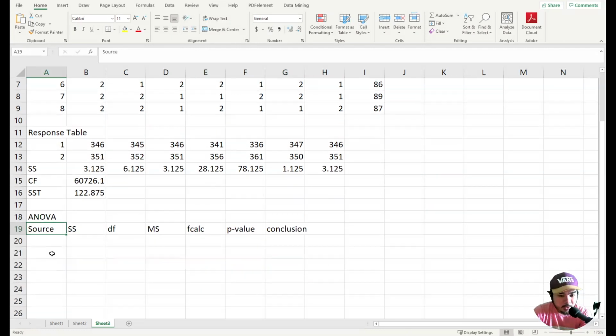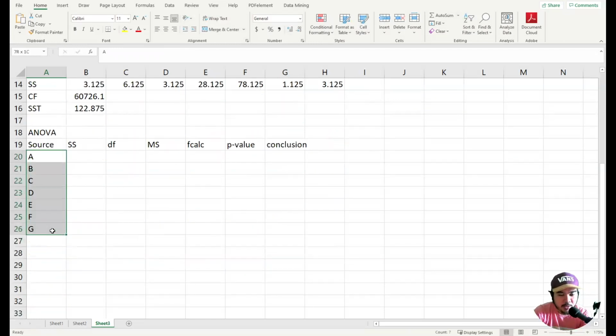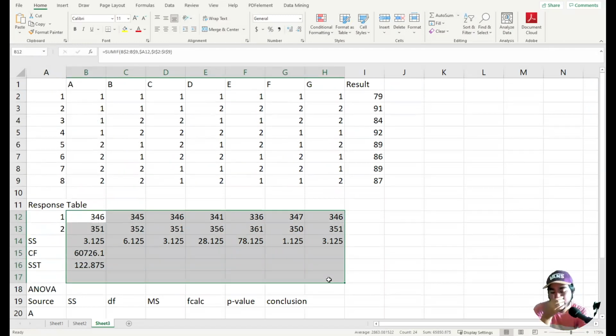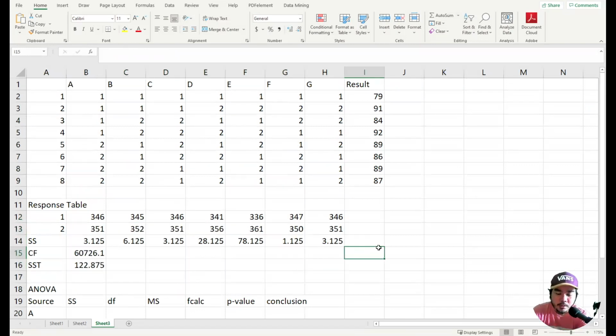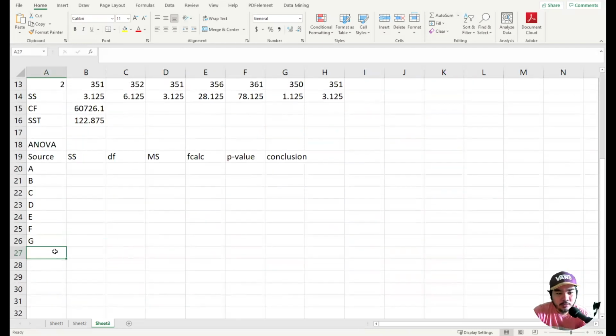For our sources, let's do main sources A, B, C, D, E, F, and G. Notice I didn't include the interactions, because usually we wouldn't know them, or there are too few observations for us to be able to do interactions.